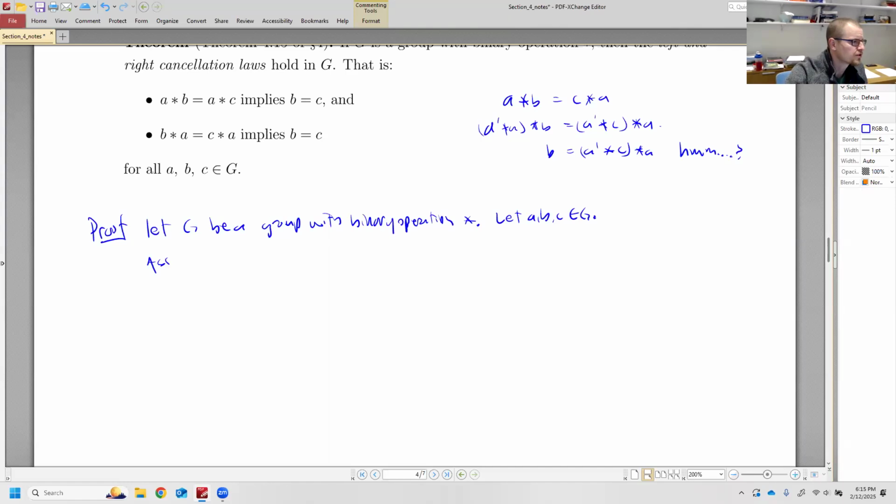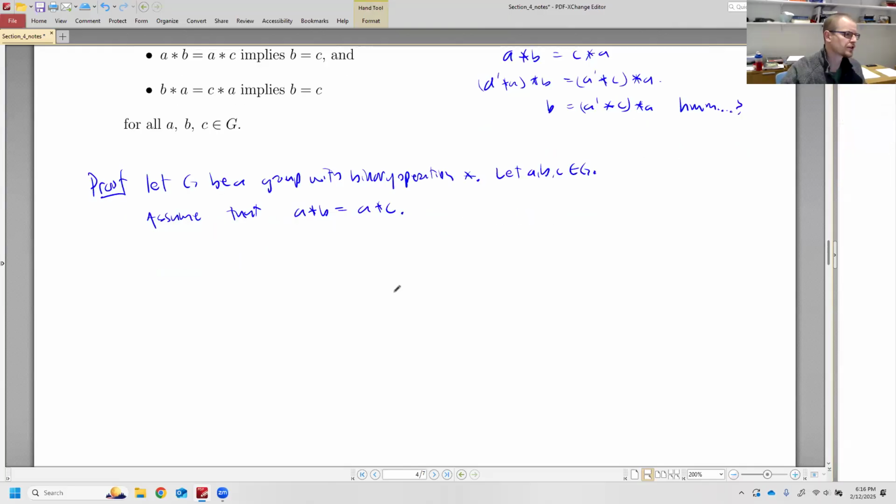Furthermore, we're going to assume that A star B is equal to A star C. I think what we'll do is prove it for the left cancellation law, and then I'll point out that the proof for the right cancellation law is the same. So assume that A star B is equal to A star C.